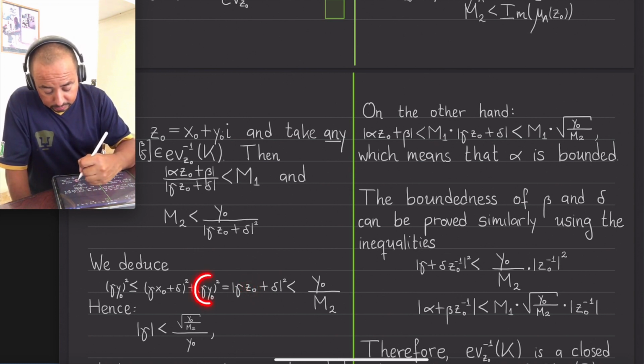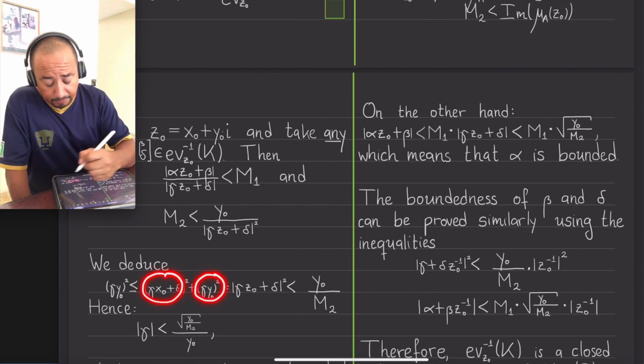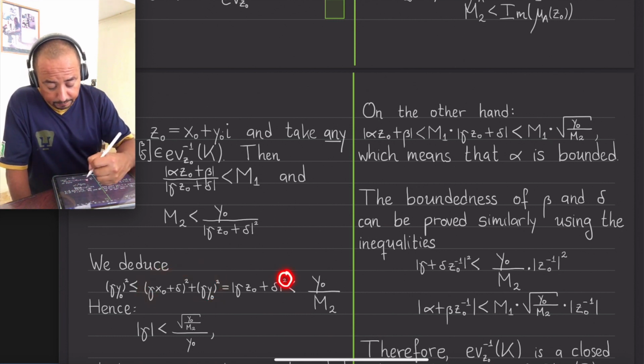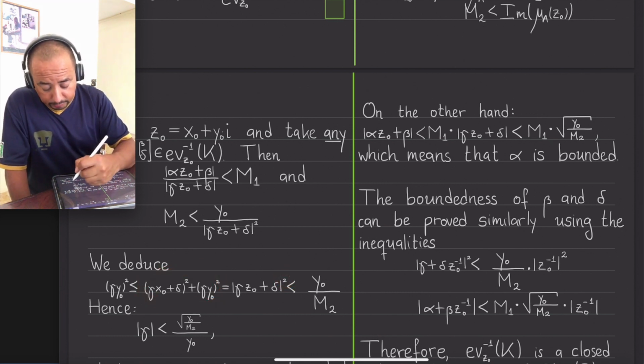So we obtain this square and this other square. I mean, this is the norm square. Okay, but then of course to this number I'm adding something non-negative, so this is greater or equal than just one of the two summands.